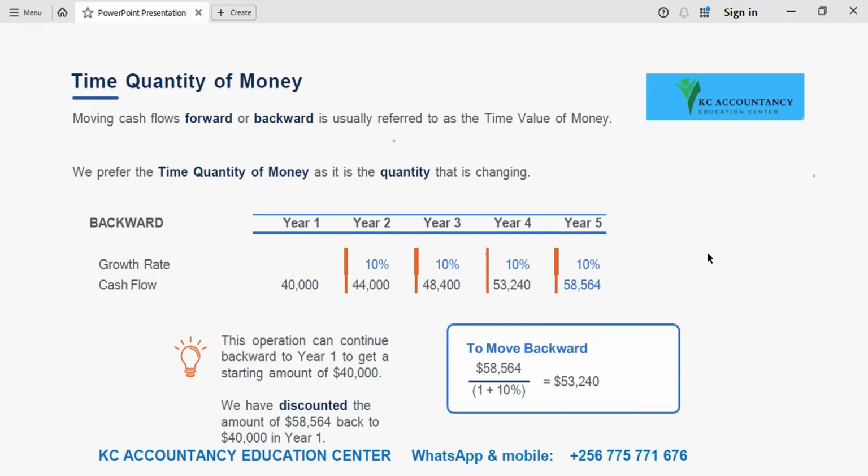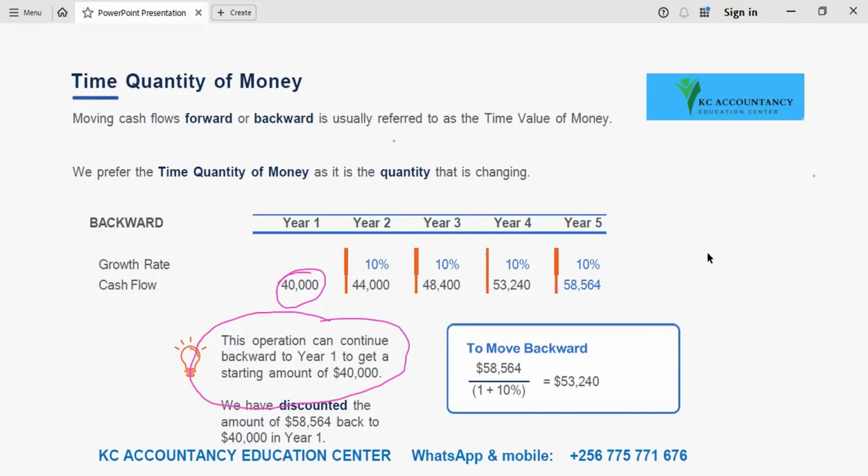We can see the operation can continue backward to year 1 to get the value of 40,000, which is the value we started with. We call that process discounting.